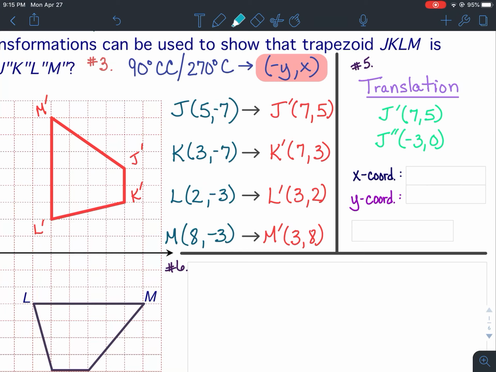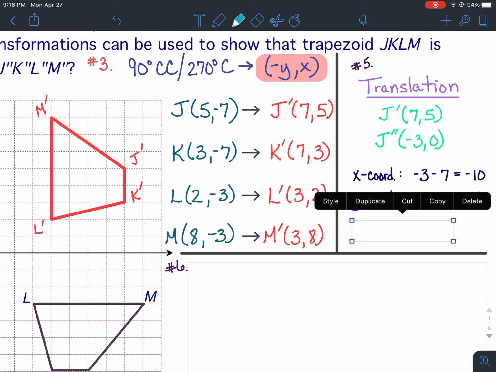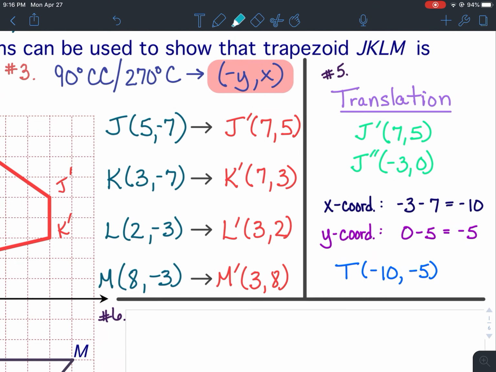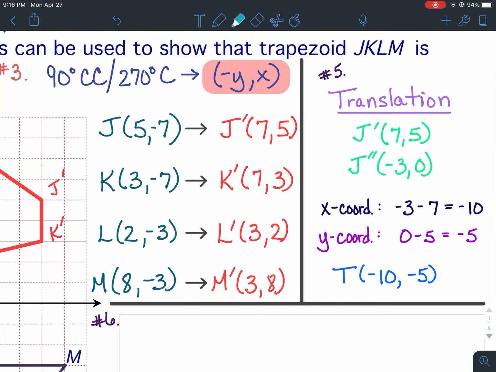For the x coordinates, -3 minus 7 is -10. For the y coordinates, 0 minus 5 is -5. So the translation was -10, -5. Take a moment, pause your video, get all of that written down.